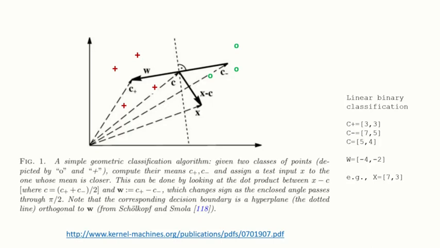X minus C gives this, and then you do a dot product with W. W is here, right? And this one is here. The sign of this, either positive or negative, will tell you whether this X belongs to this category or that category.